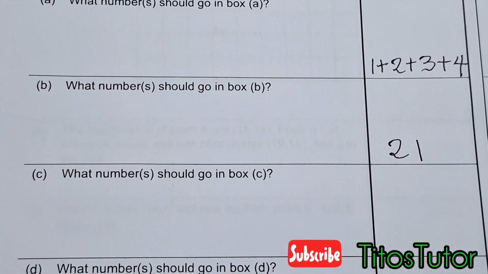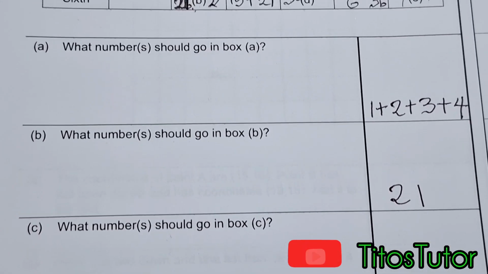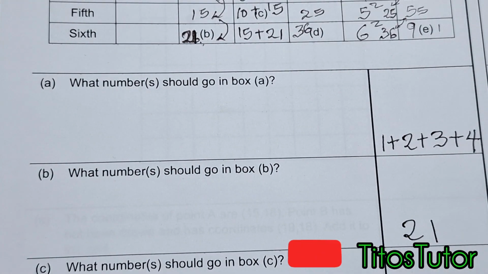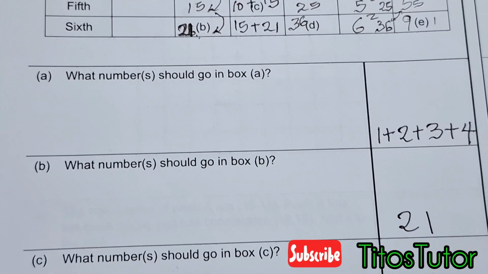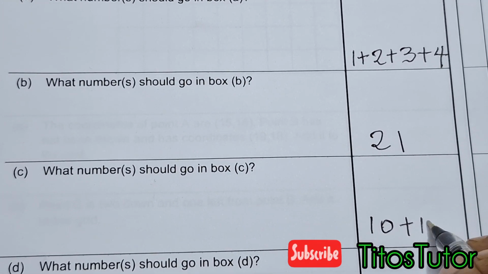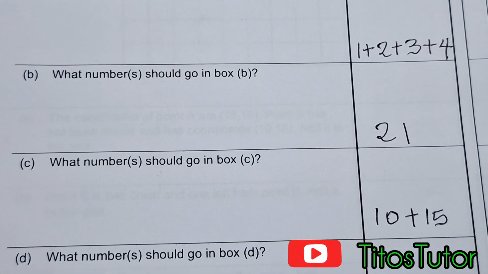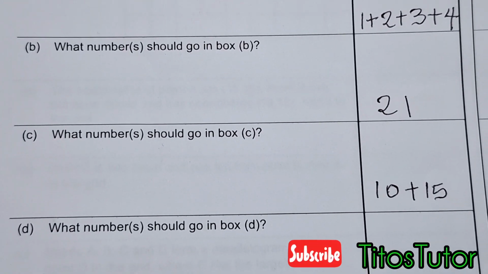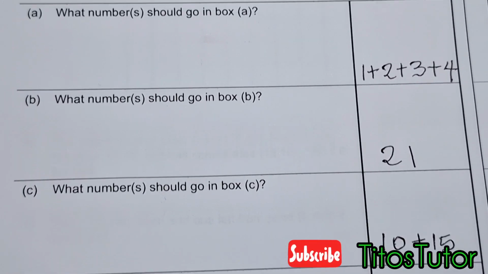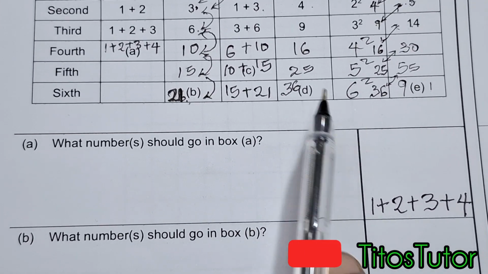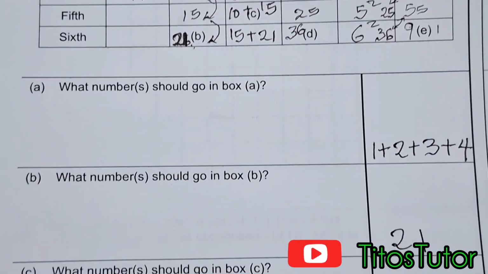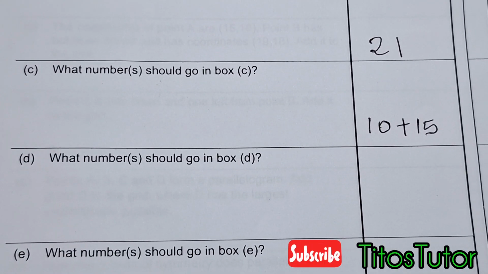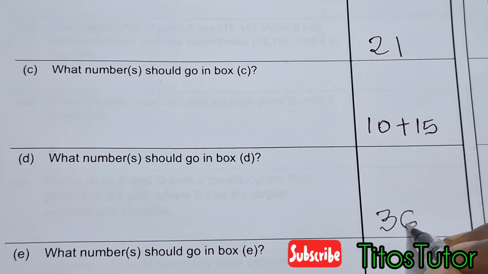Then C, what numbers go into box C? Let's go back and see C. C is 10 plus 15. That's for box C. Then what numbers go into box D? Let's go back and see our box D. It is 36.